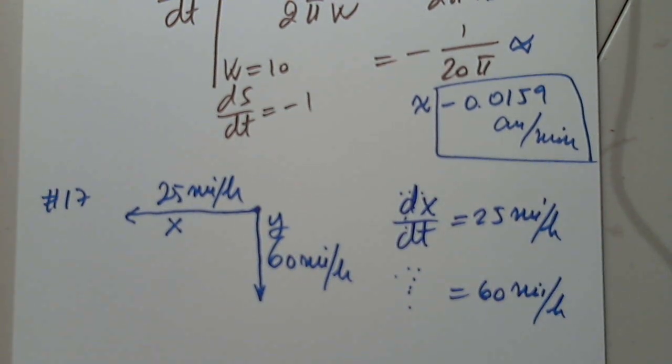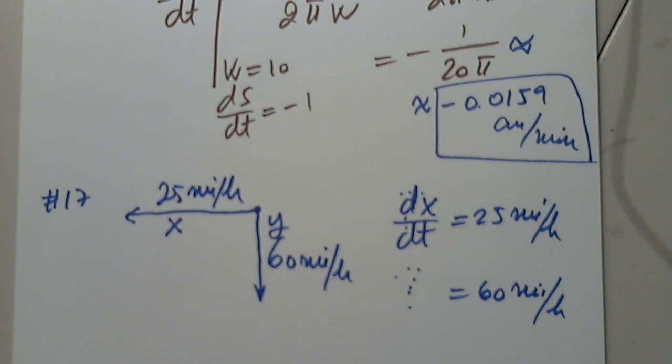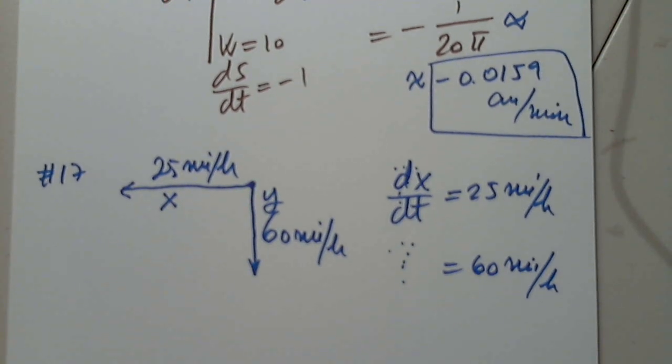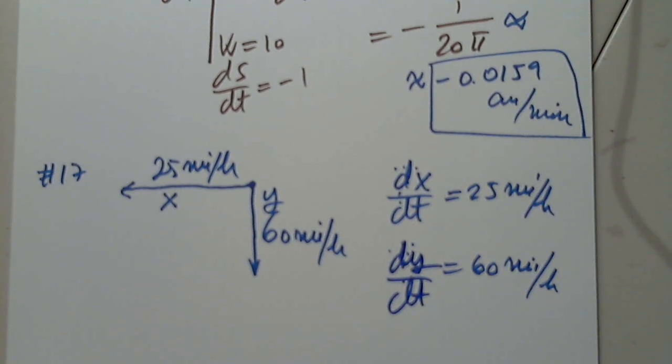I denoted this distance by x and this one by y. Okay. Good. And then, what does 60 mean, please? 60 miles per hour? That's dy over dt. Awesome. Perfect.